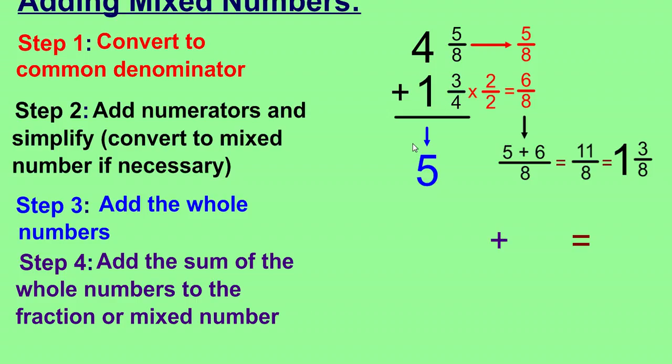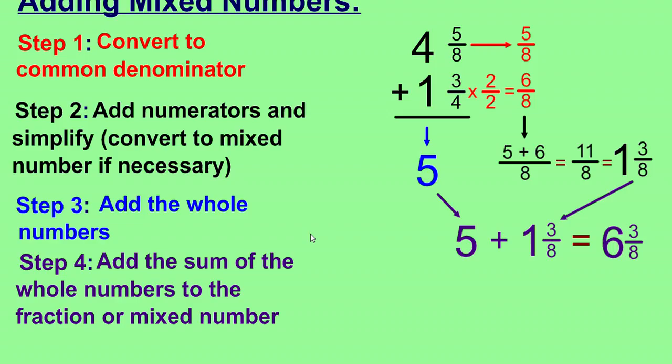So these whole numbers had a sum of 5. So we want to add that to the mixed number or the regular fraction. If it's a regular fraction, a proper fraction, you simply write it as a mixed number. So here we have 5 plus 1 3/8. And we get our answer, 6 3/8.